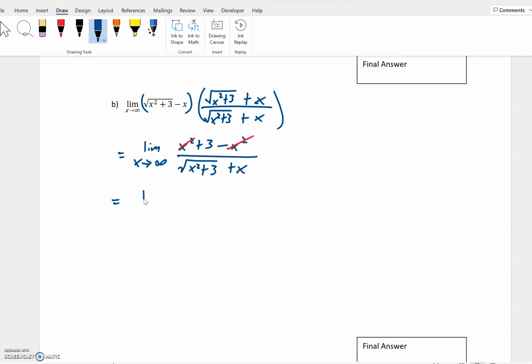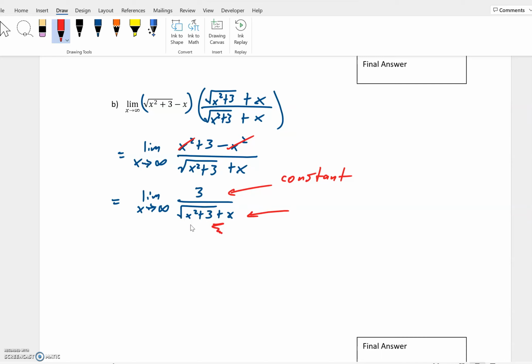Okay, we know we're going to simplify this a little bit, so the x squared terms cancel out in the top. So we get positive 3 upstairs now. And then we kind of leave the denominator alone. Now here's the thing. The top is a constant, right? This guy is just staying 3, constant. All right, the bottom, let's look at what happens. We have a plus sign. There's no ambiguity about what happens here because both of these terms go to infinity, right?